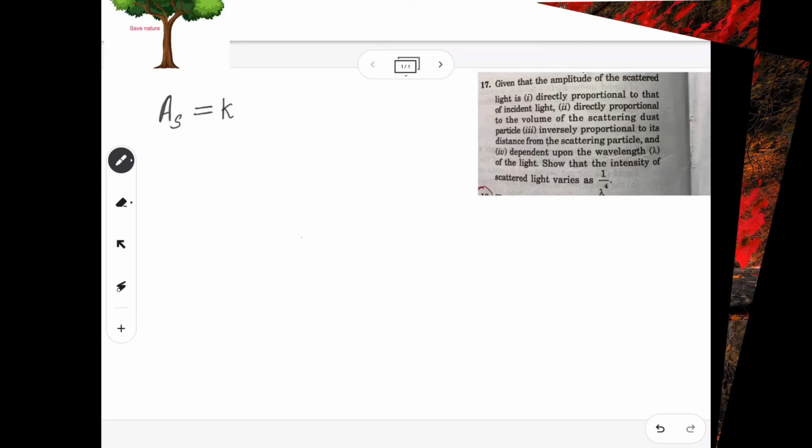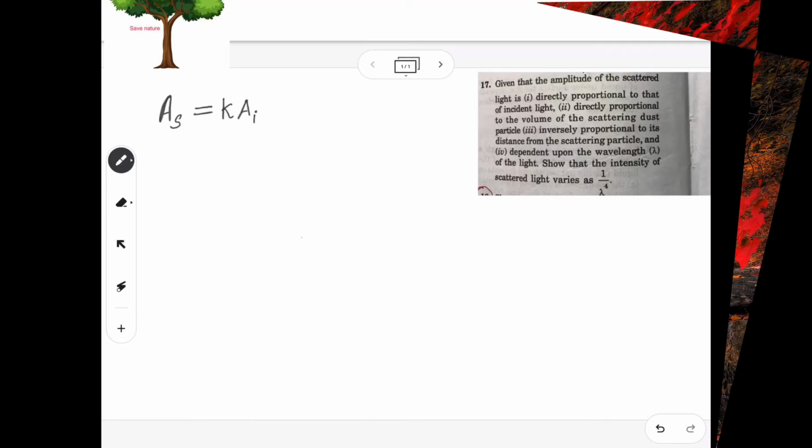So AS is equal to K times, the first point is directly proportional to that of the incident light. It means directly proportional to the amplitude of the incident light. So for amplitude I have already taken A, and AS is for the amplitude of the scattered light. So here AI I am writing as the amplitude of the incident light.